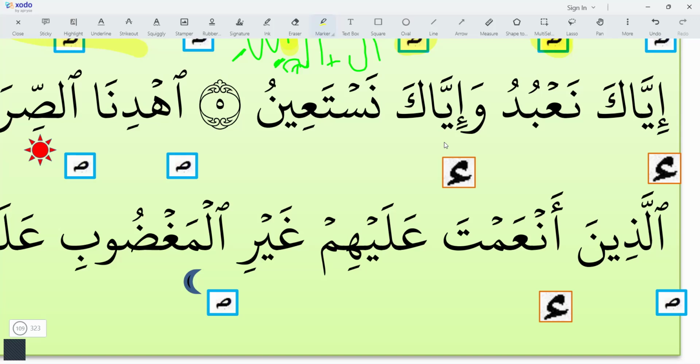In this ayah, there are two Hamza: iyyaka and wa iyyaka.